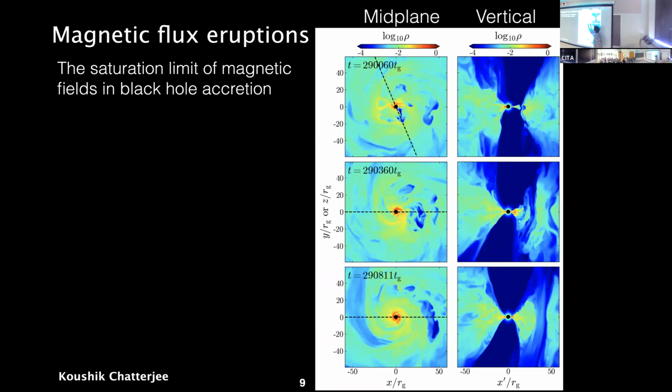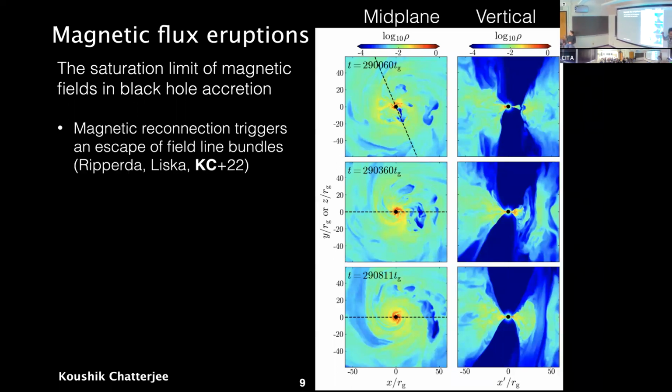So this phenomenon, or this structure, occurs when the black hole magnetosphere cannot hold on to the magnetic flux anymore. So it reaches a saturation limit. And what happens is magnetic reconnection near the black hole triggers an escape of vertical field lines, something like this.